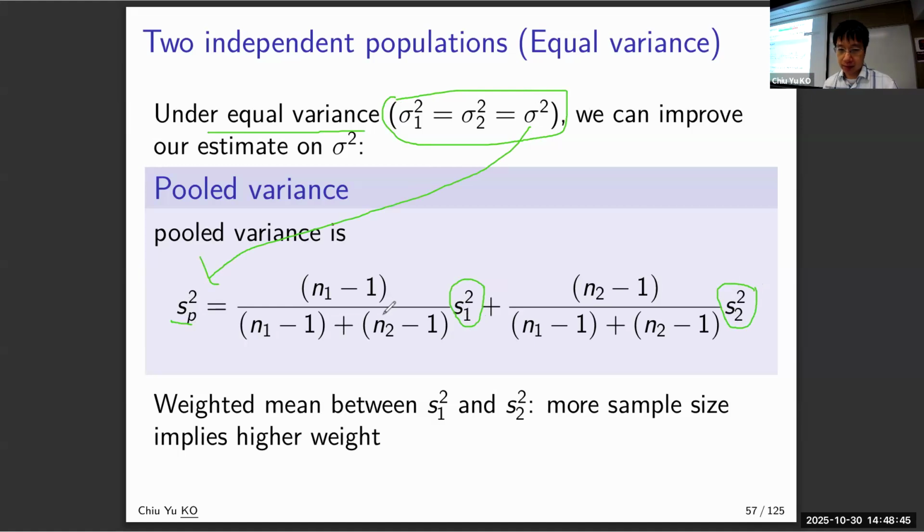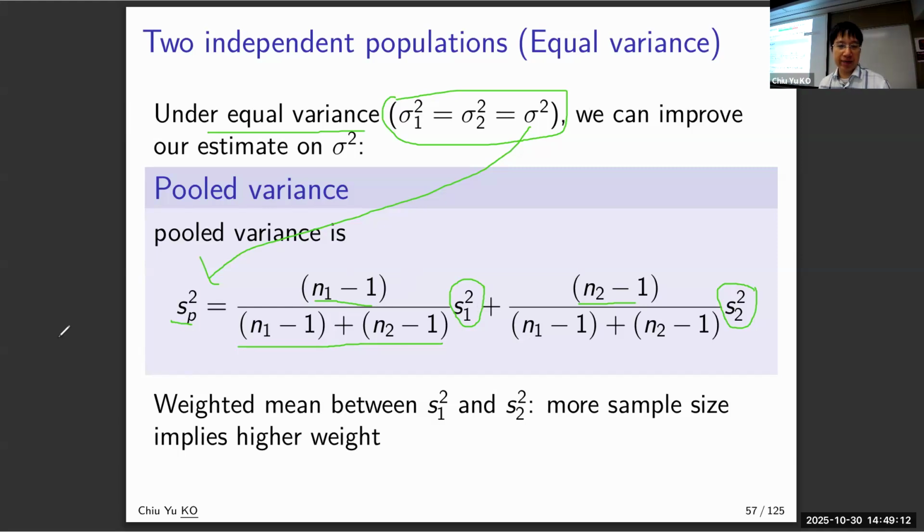The numerator is n1 minus 1, the other is n2 minus 1. That means whichever has the larger sample will have higher weight, because if the sample is larger, then it's more accurate. So it's basically a weighted mean over these two.